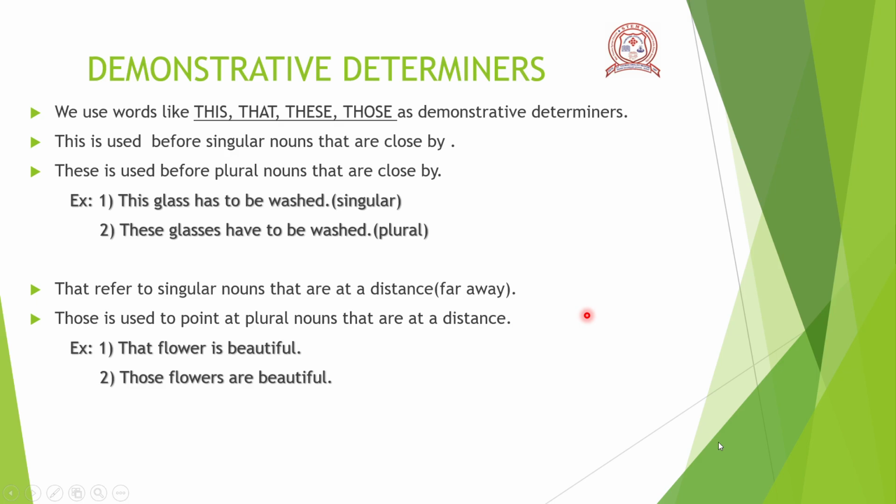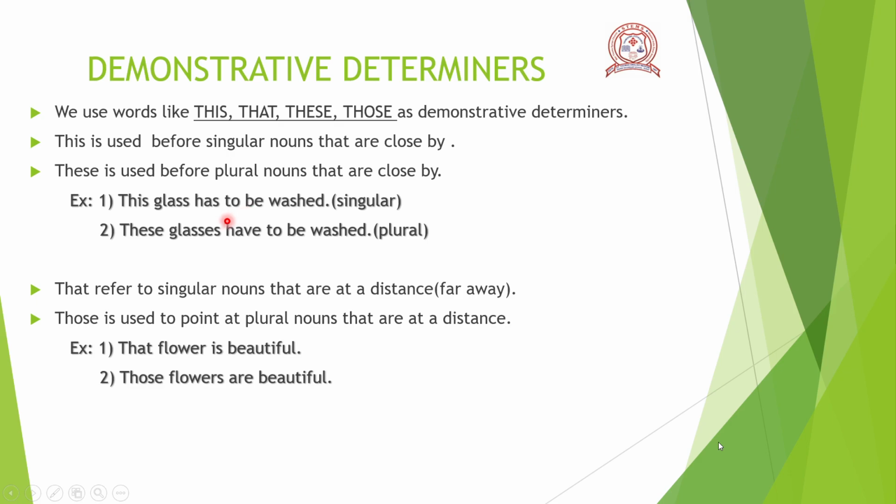This is used before singular nouns that are close by, and these is used before plural nouns that are close by. Let me repeat. This is used before singular nouns that are close by, and these is used before plural nouns that are close by.